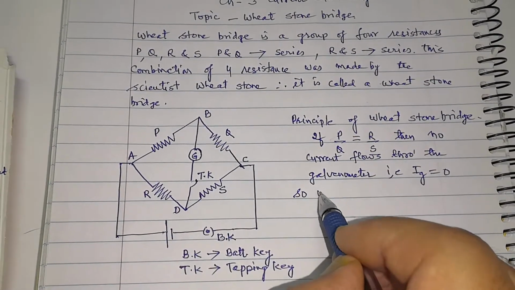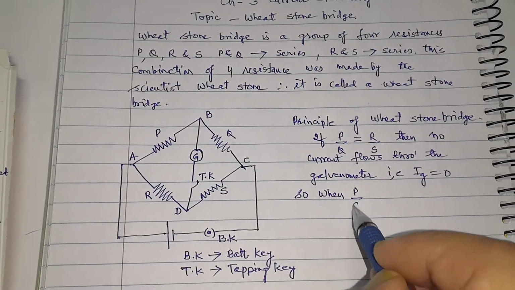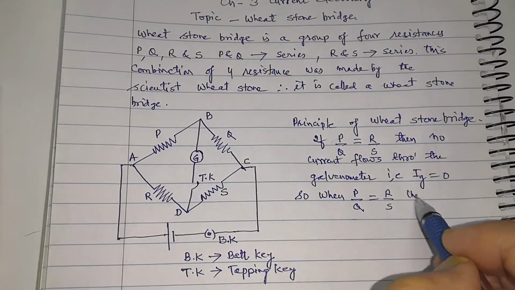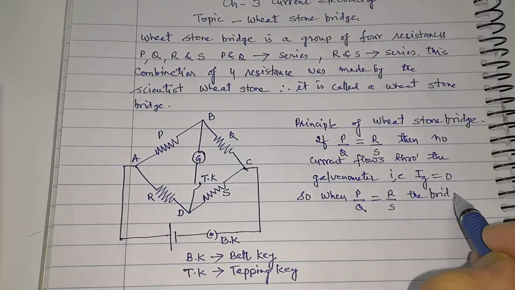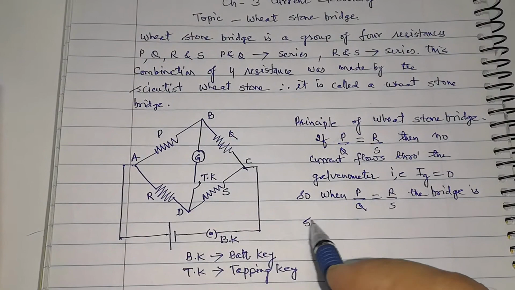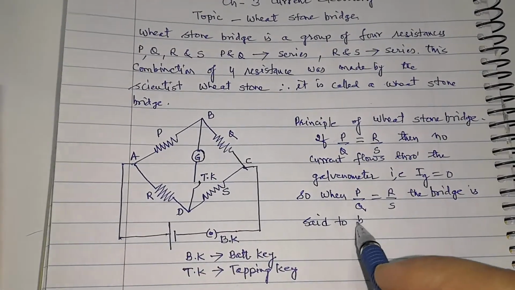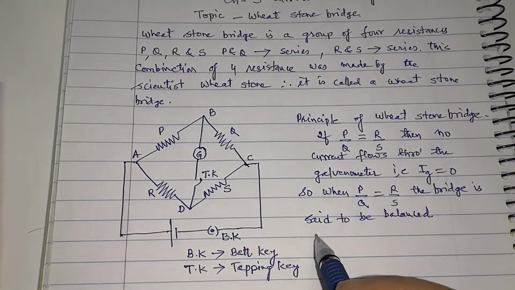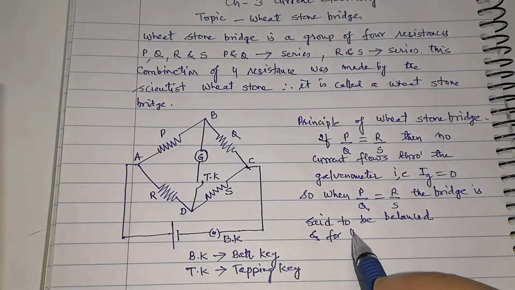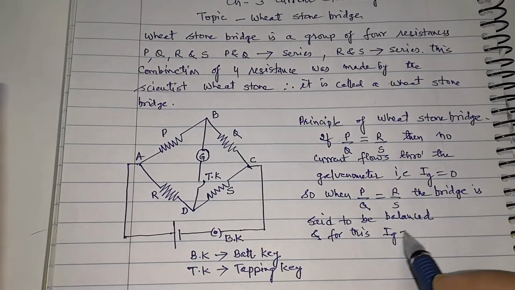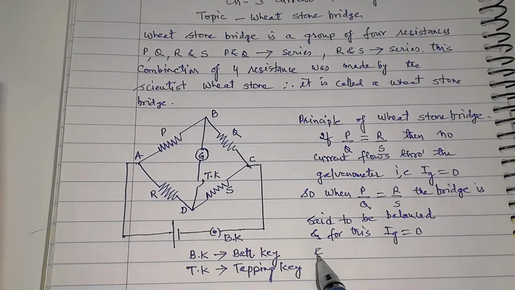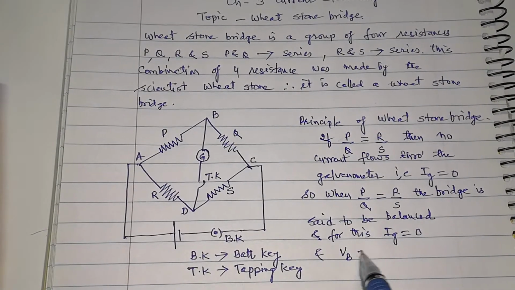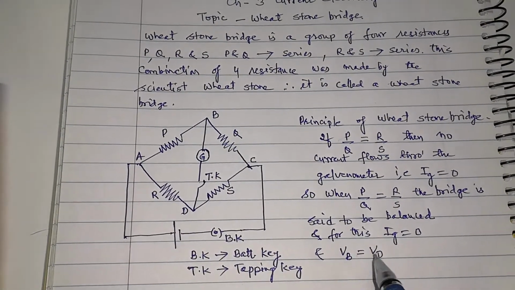So when P upon Q equal to R upon S, the bridge is said to be balanced, and for this Ig is found to be 0 and the potential of the points B and D, that is VB, must be equal to VD.